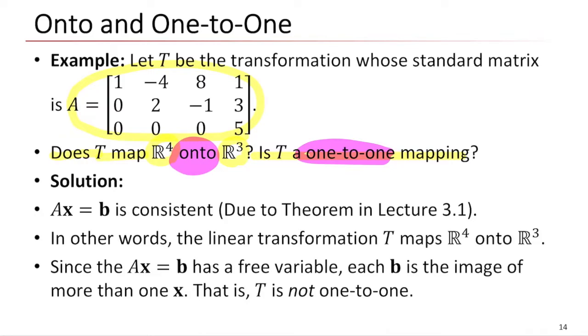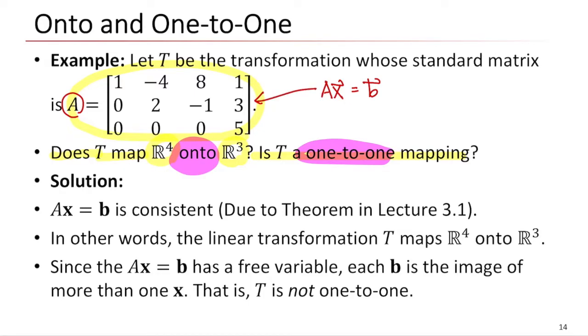So first of all, Ax equals b is the... okay, let's do this color. With this matrix A, we can find the solution of Ax equals b, right?